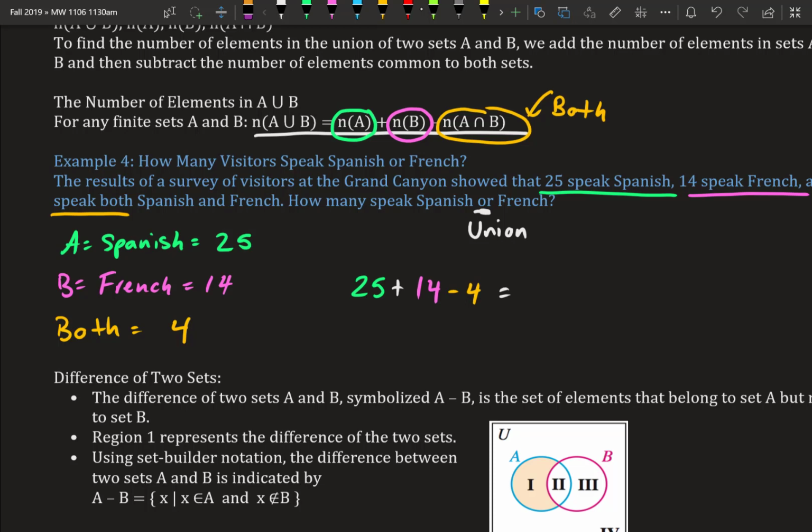I was going to say 19, my bad. It's 35. I was looking at all the wrong numbers. So it's the number of whatever you designate A to be, which is 25, and then adding the number of whatever you designate B to be, which is 14, and then we subtract how many speak both, which gives 35.